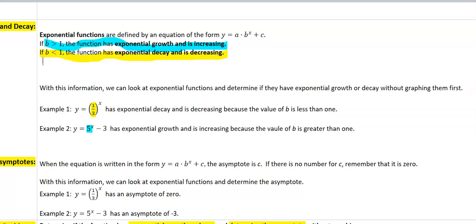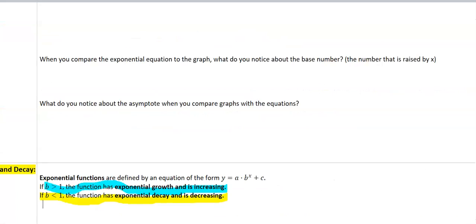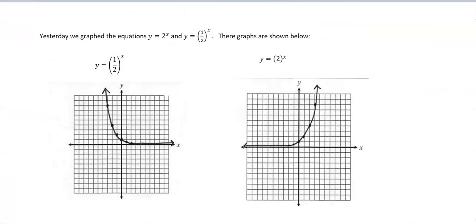Now, with asymptotes, again, our equations are written in y is equal to a times b raised to the x power plus c. Our asymptote is c. So if I go back up here, we don't have anything that's plus c, so we can assume that it's plus 0 on both of these, which our asymptote is at 0.